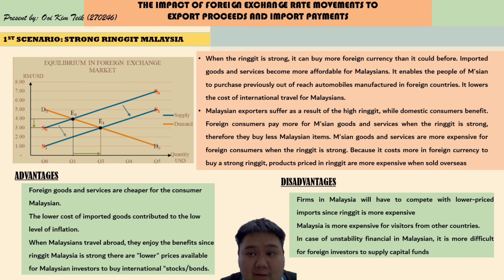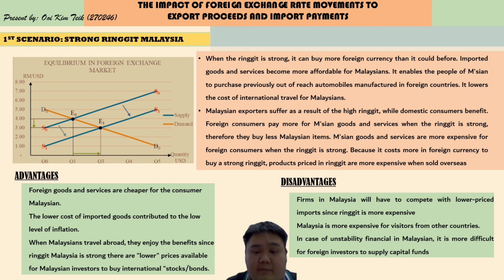The exchange rate will tend to decrease until it reaches the new equilibrium at the point E1, where USD $1 equal to 3 ringgit Malaysia. This shows that ringgit Malaysia is becoming stronger or appreciating, while the USD is depreciating or becoming weaker.